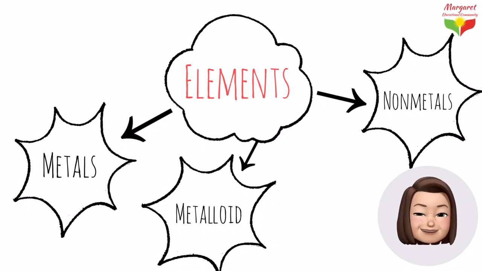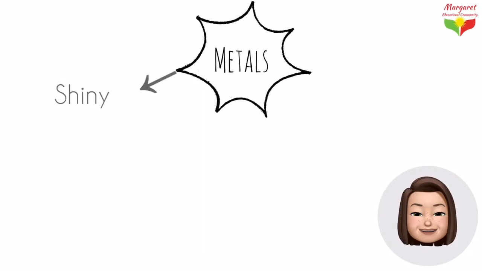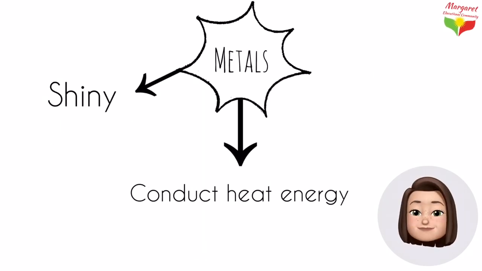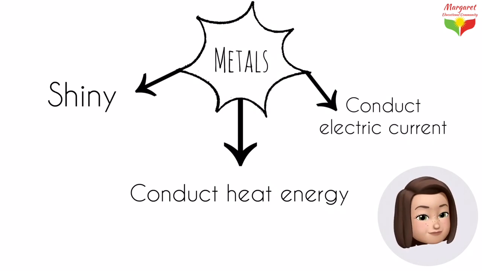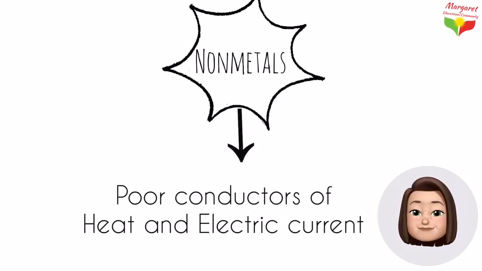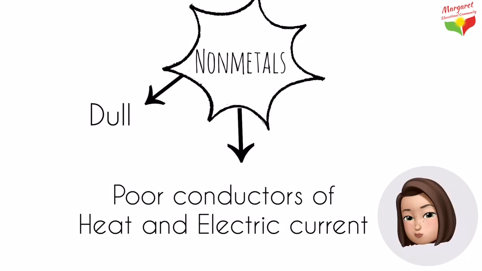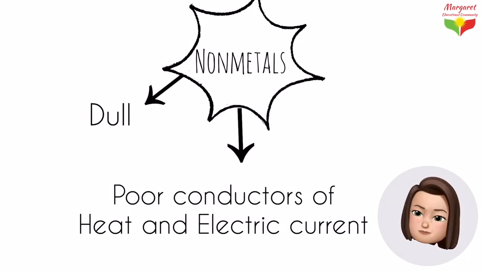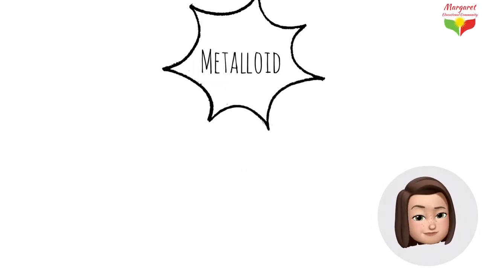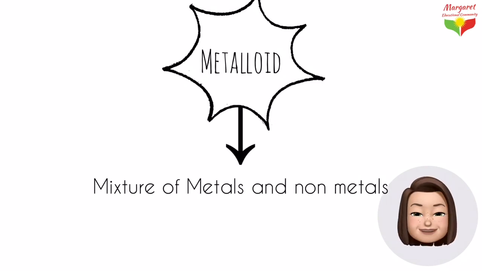For example, metals are shiny. They conduct heat, energy, and electric current. Whereas nonmetals conduct heat and electricity poorly, and they are not shiny. Metalloids have properties of both metals and nonmetals.